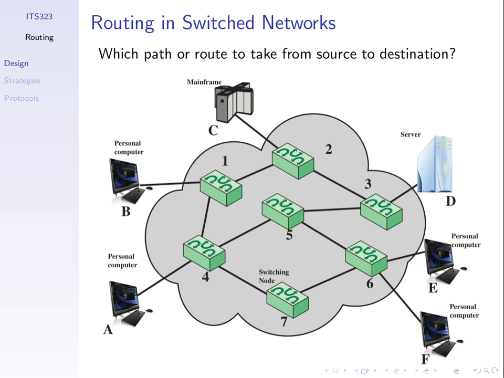For example, in our network, if we assign costs to links, let's say we use the metric of the number of hops. A hop is one link in this case. This is one hop, another, and here. So we can say this path from A to F has 1, 2, 3, 4 links, or 4 hops.